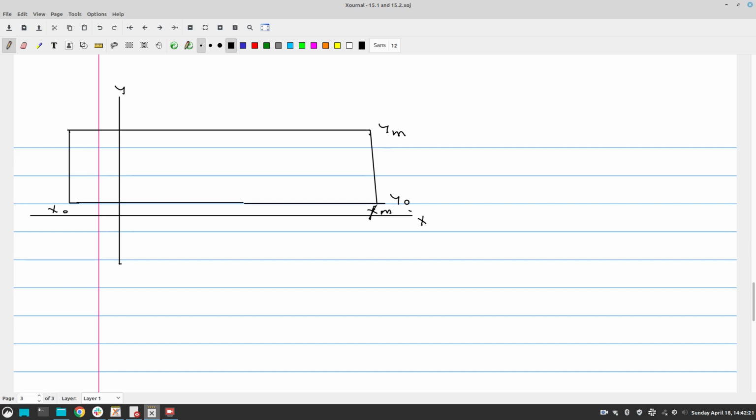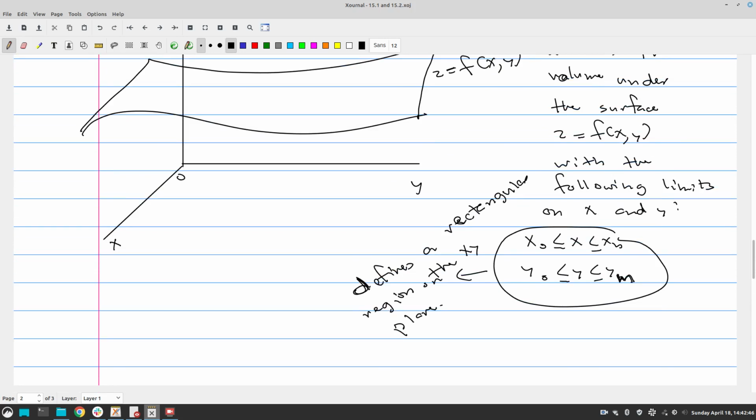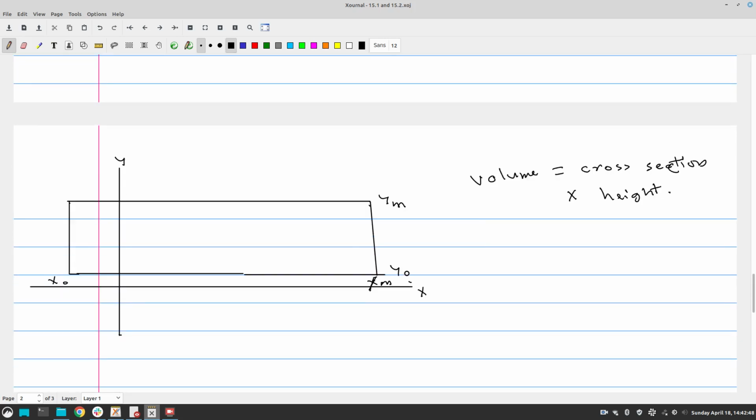Okay, so remember volume. What is volume? Volume equals cross section times the height, right? So the shape we're talking about is the shape under the surface.